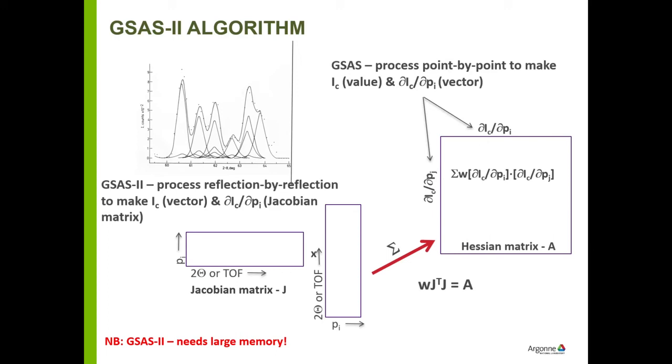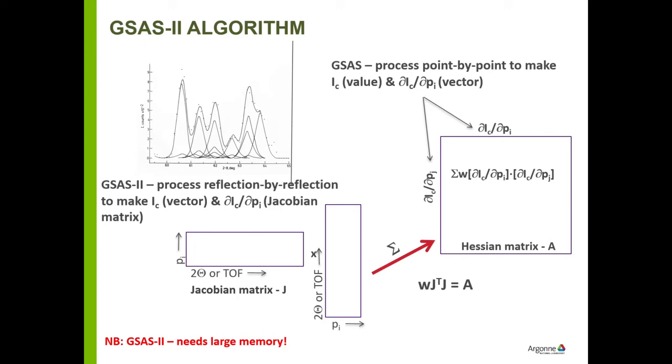Now, I'm writing GSAS-II in Python, and do loops or for loops are terrible things to use in Python because Python is a scripted language and it does every single line repeatedly over and over and over again. So the running times get really terrible.